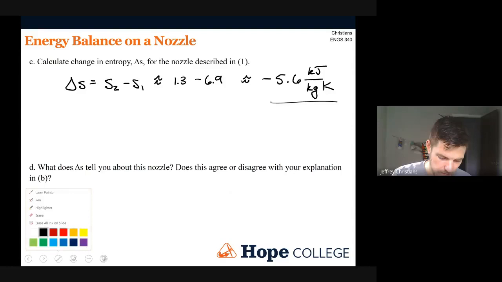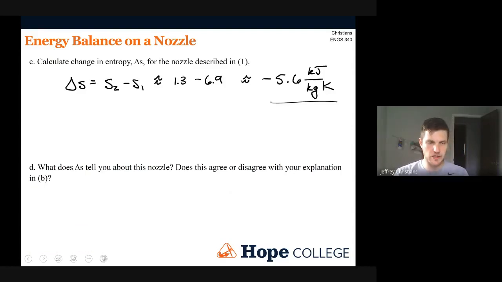So a more rigorous explanation for why: our explanation in part B was, does the exit velocity seem plausible? Of course it does not. We all agreed on that, or at least I hope you agreed with that.